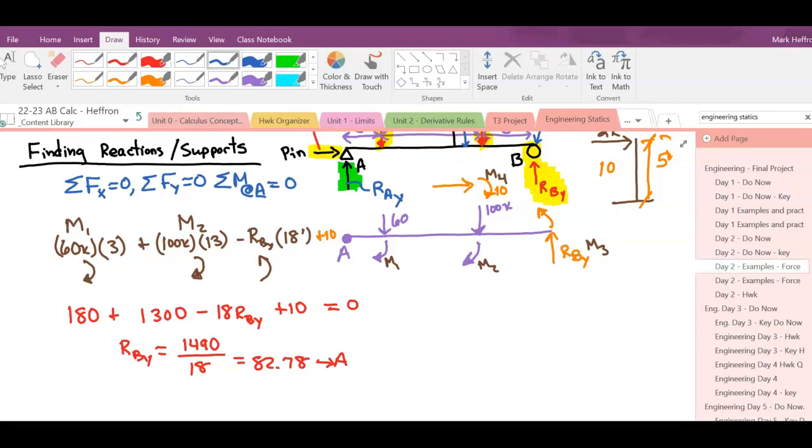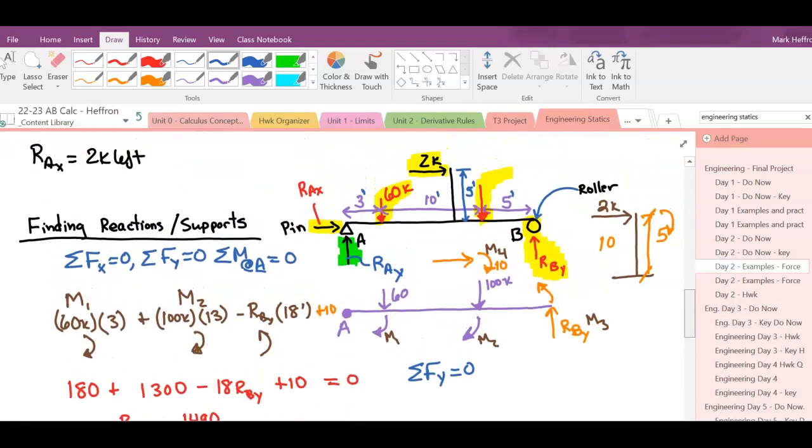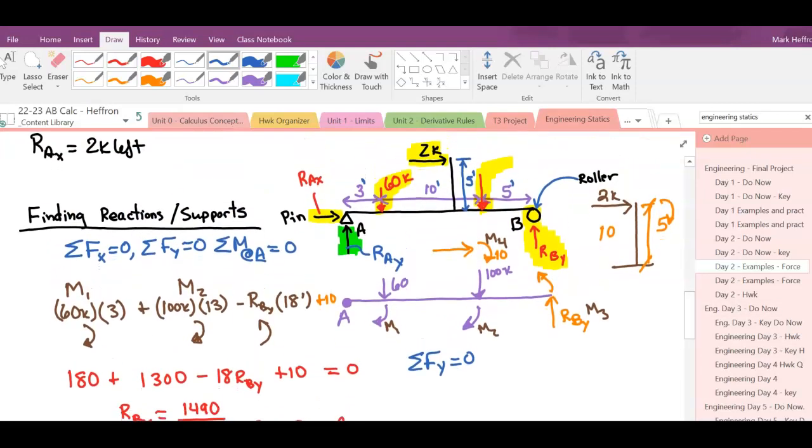So now that I've used the moment equation to find one of my reactions, I'm going to find the other reaction using the sum of the forces in the Y equals 0. So let's go back and look at our picture. We've got 60 coming down and 100 coming down, and then RBY going up and RAY going up.